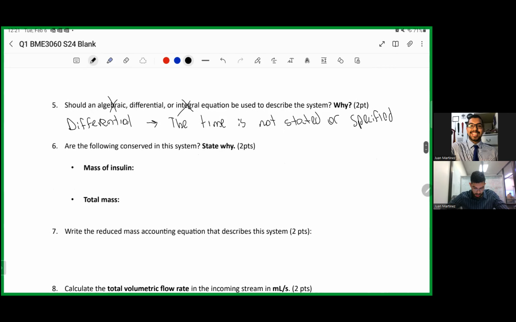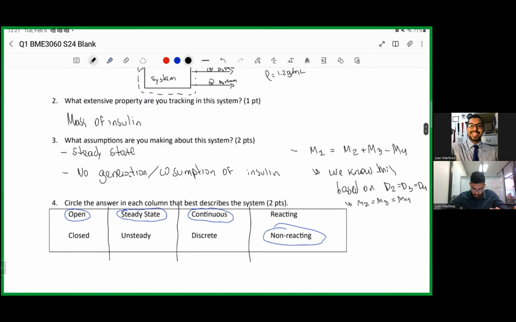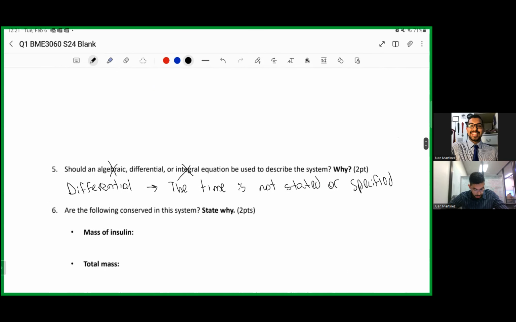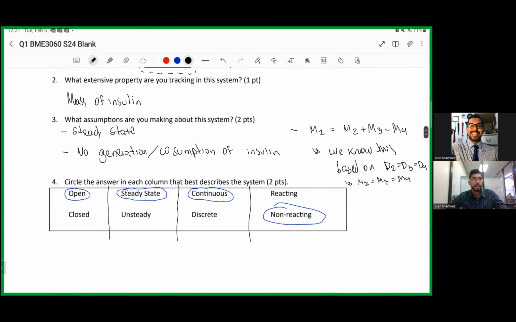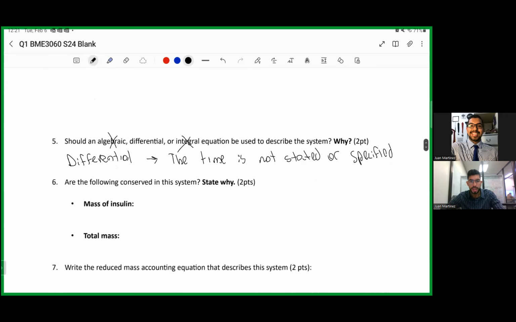Great. Question 6: are the following conserved in the system? Given that there's no reaction, that insulin is not being consumed, not disappearing into another product, and the fact that we know the conservation of mass, everything going in is going out, we can safely say yes, the mass of insulin is conserved because there's no generation or consumption of insulin.